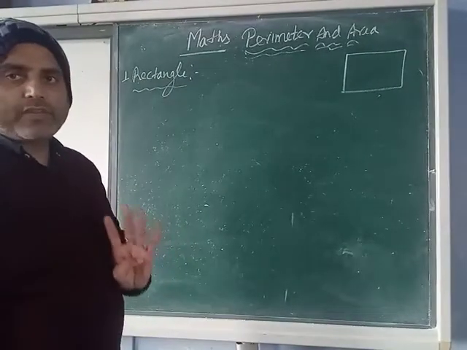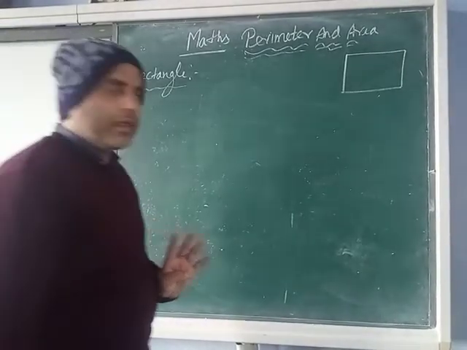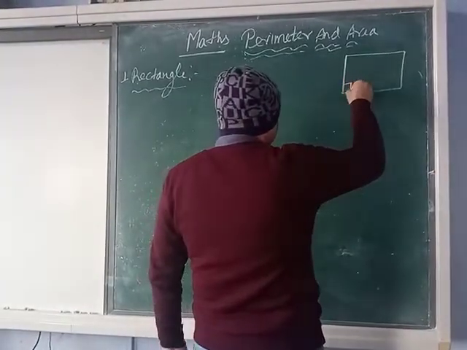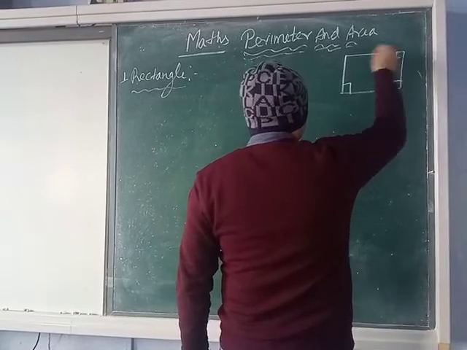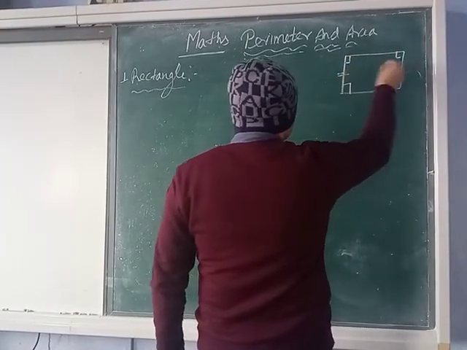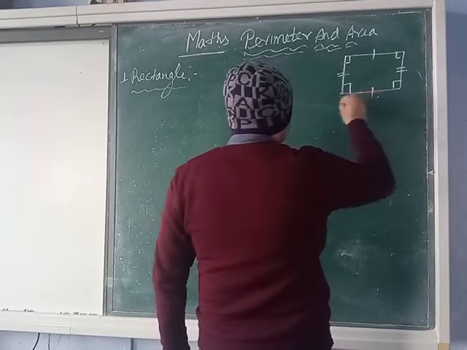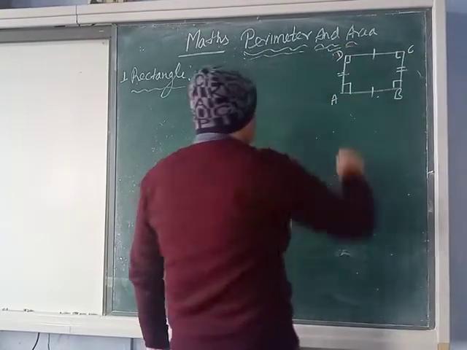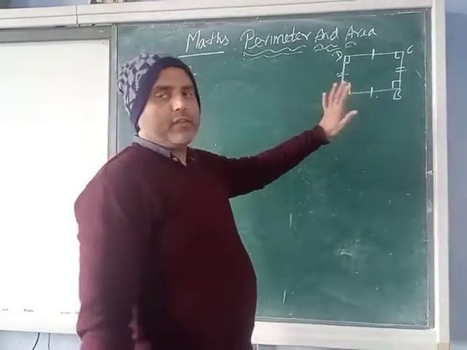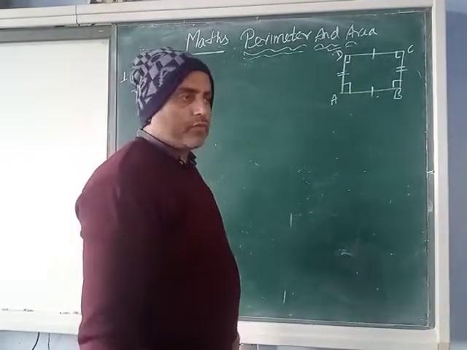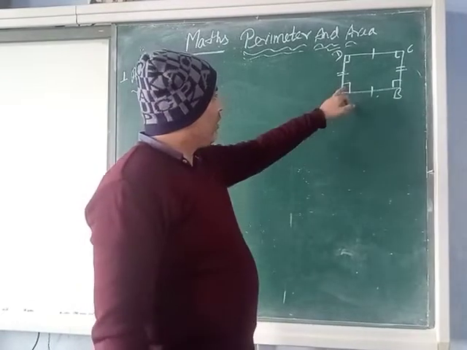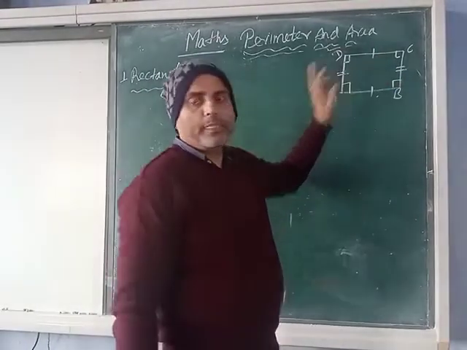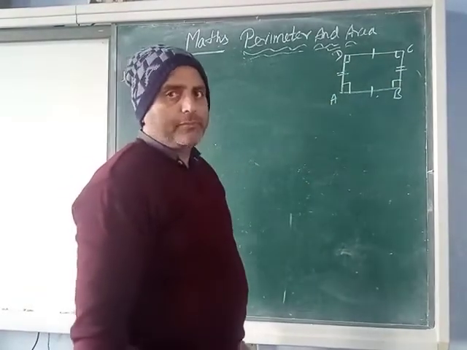A rectangle is a four-sided figure in which all angles are 90 degrees and opposite sides are equal. So a rectangle is a closed figure in which four sides are given, all angles are 90 degrees, and opposite sides are equal and parallel also.